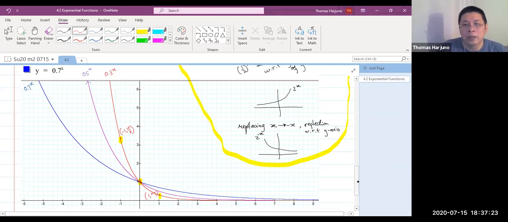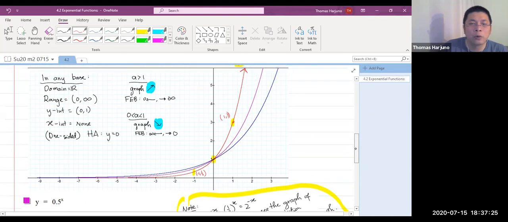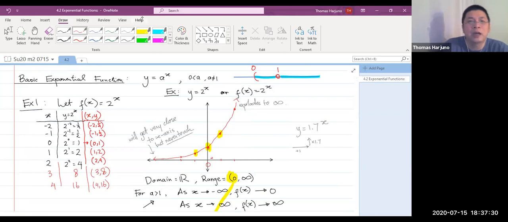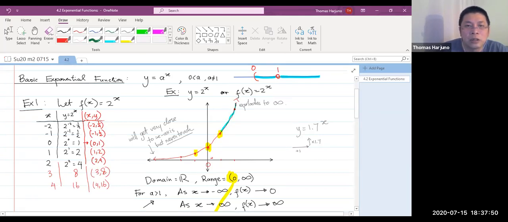Now, why do I say that these three coordinates are important? Let me use this example, 2 to the x. That's because the bend, how the curve actually bends, is most important at these three points. The section after that is not bending as much, and the bend is a lot happening here.